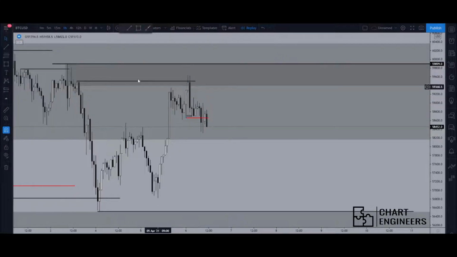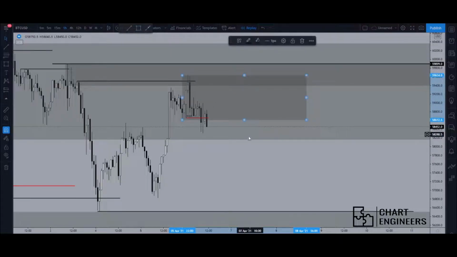Here we have our MSB, and then our breaker is actually here, but when our 1 hour low is higher up, I prefer to just mark it from there and make my stop loss a bit smaller.